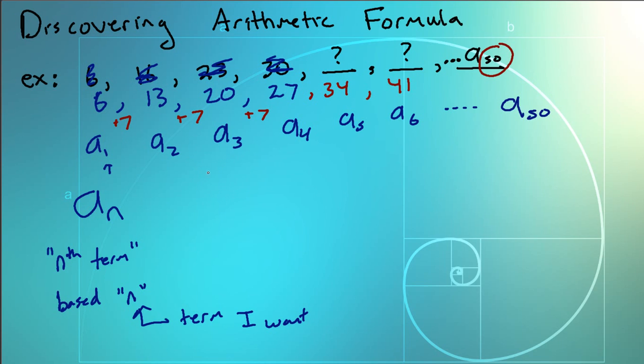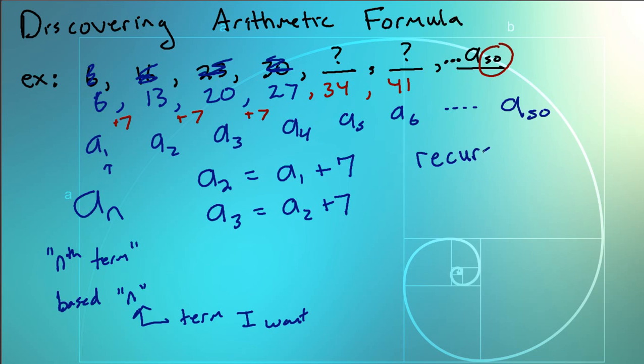Well, let's see if we can get there. So I'm going to use these term numbers. So we know that A2 has some sort of relationship with A1, right? It's A1 plus 7. And I know that A3 has a relationship with A2. It's A2 plus 7. In fact, we could take all of this and write what's called a recursive formula.